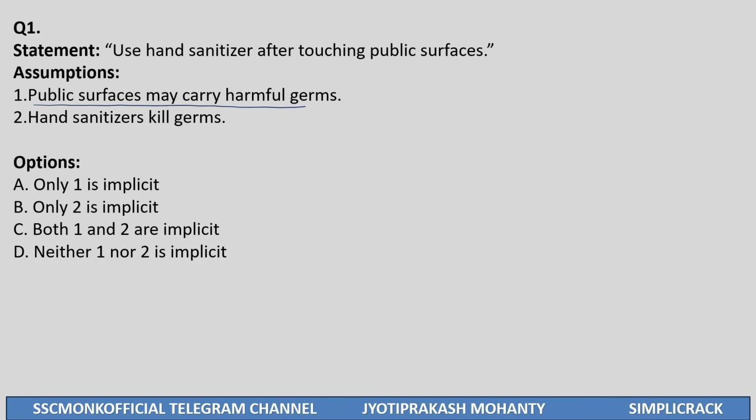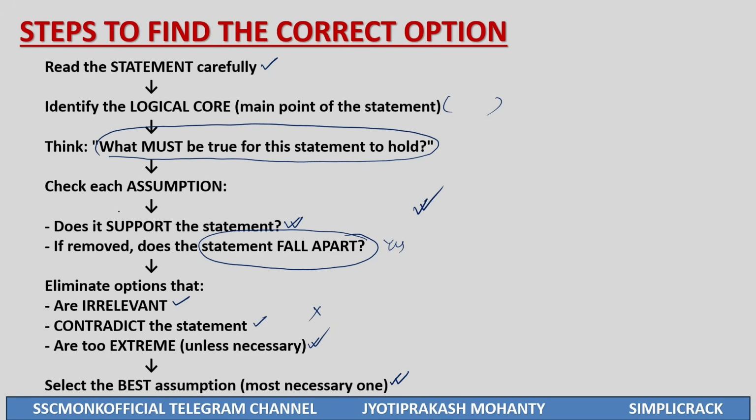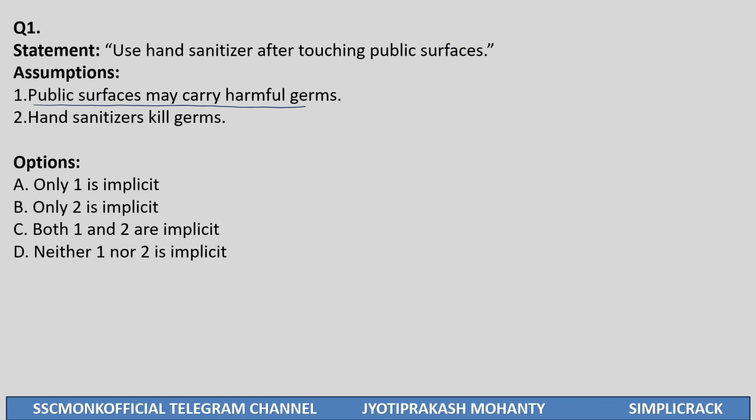So what is my first step? My first step is to check whether this assumption supports the statement, or if it is removed, will the statement hold true or fall apart. Now the first assumption is public surfaces may carry harmful germs. Because public surfaces carry harmful germs, I need to use a hand sanitizer so that I can clean my hands. That means this assumption is actually supporting the statement.